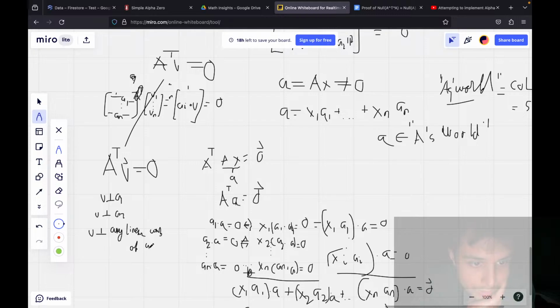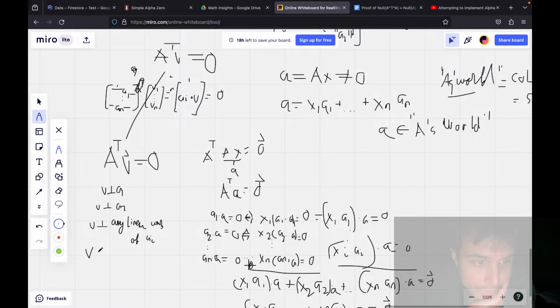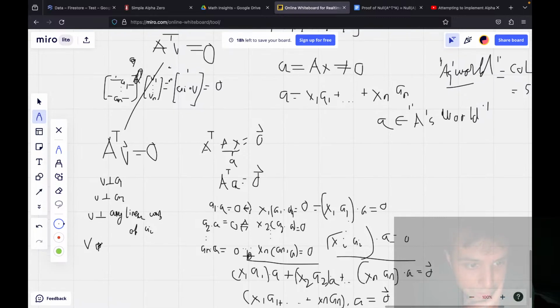But that means v is orthogonal to any blend of the ai, but that just means that v is not in A's world.